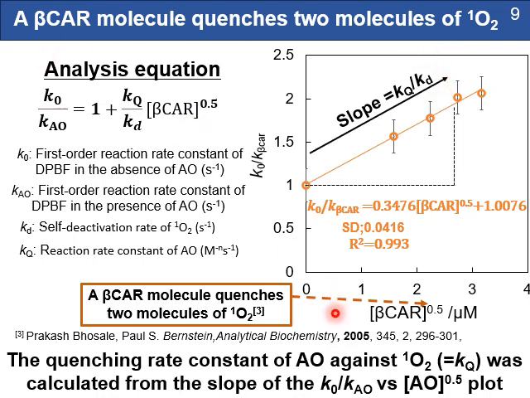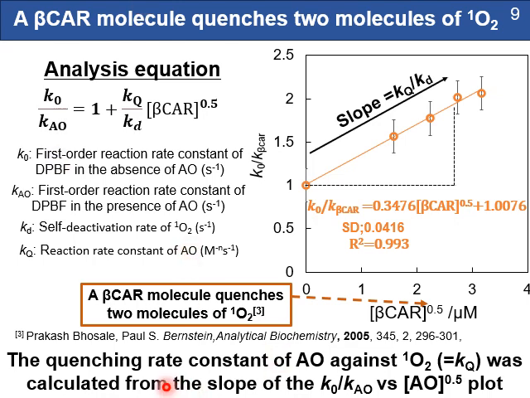In this study, we found that when plotting against the square root of the beta-carotene concentration, the data show high linearity. This suggests a half-order reaction in which one molecule of beta-carotene quenches two molecules of singlet oxygen.